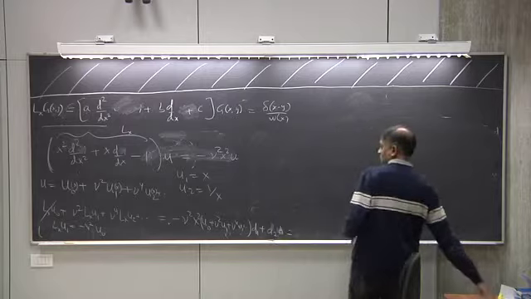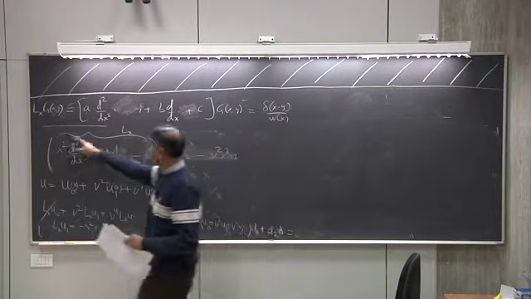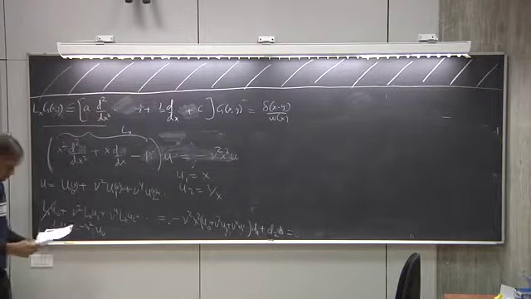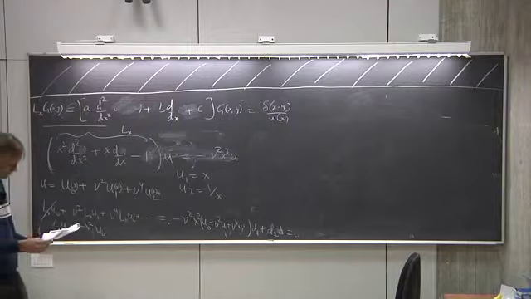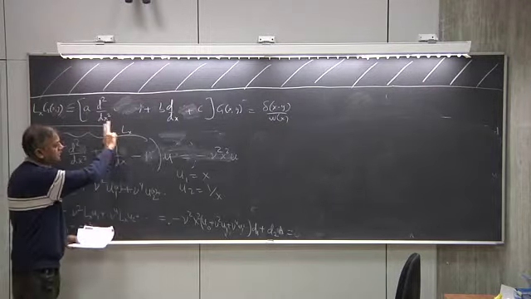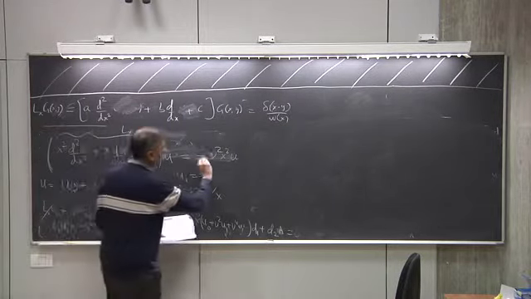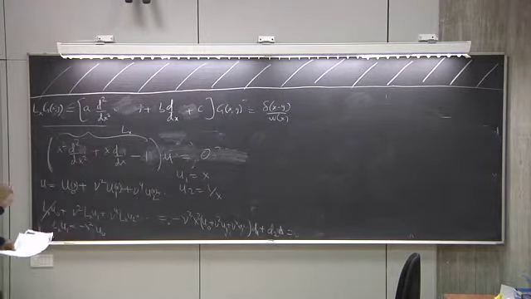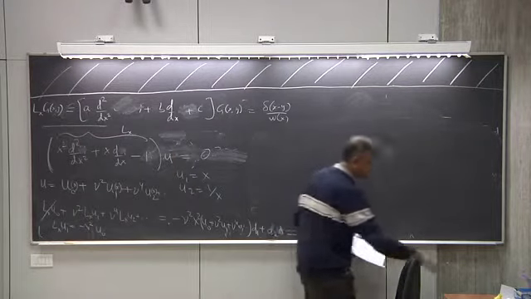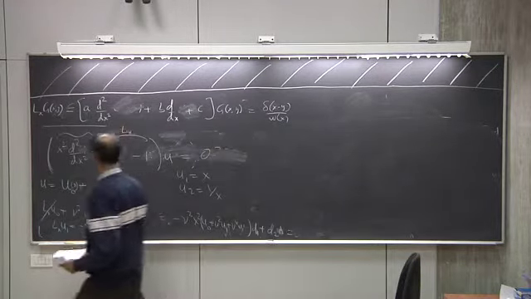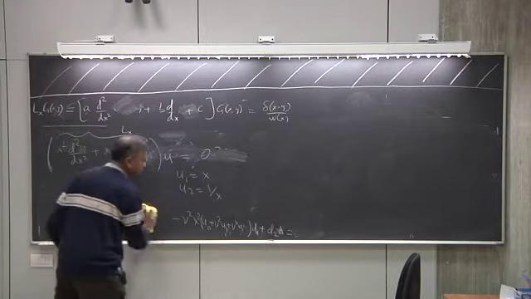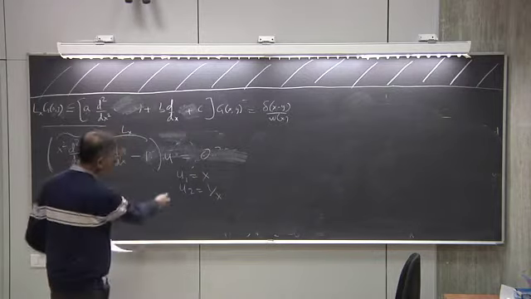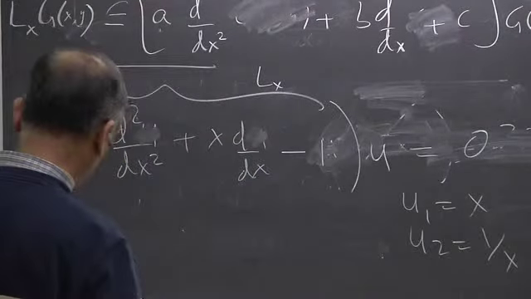Okay, so let's see now. We want to construct the Green's function for this. This was just a motivation. Now you can just forget about all of that, and we are looking at the Green's function for this equation, where we know the fundamental solutions already, and let's consider some Green's function.